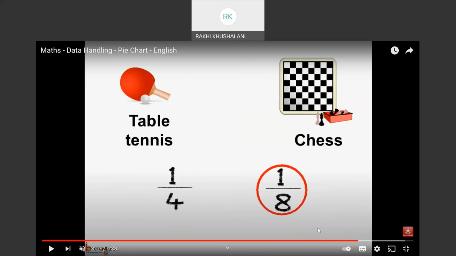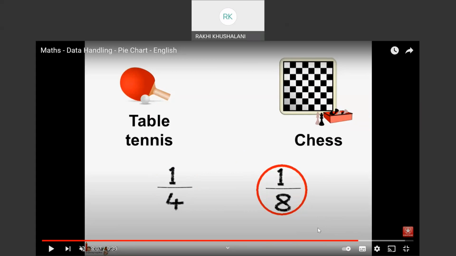एंड जो टेबल टेनिस का पोर्शन है वो हाफ से कम दिख रहा था और 1/8 से ज्यादा. आप बोलेंगे डिनोमिनेटर में 8 है, फिर भी 20 नंबर ऑफ स्टूडेंट्स टेबल टेनिस में आ रहे हैं और उधर बैडमिंटन और चेस में सिर्फ 10 आ रहे हैं. Yes, the bigger the denominator part, the smaller the portion.